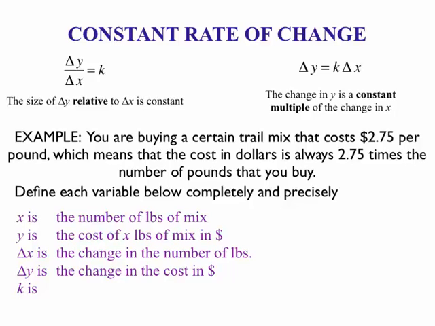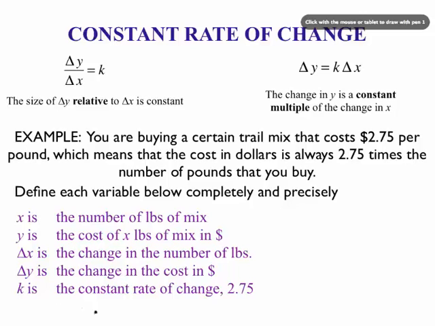And what is k? Okay, so it's delta y over delta x, but in this scenario, how would you define what k is? I didn't do great there. The constant rate of change of cost with respect to pounds.